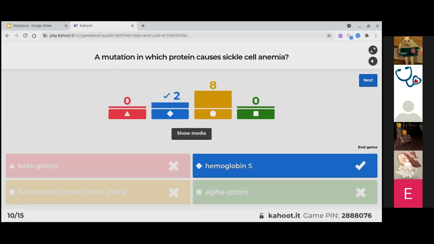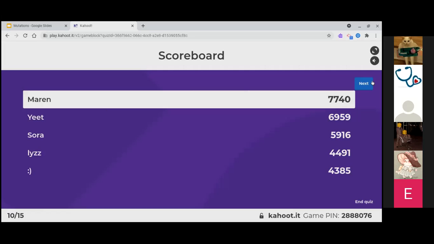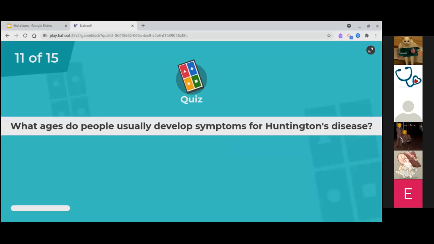So it's actually caused by hemoglobin S, and the hemoglobin subunit beta, I believe, is a subunit of the protein hemoglobin, but the specific type is called hemoglobin S. Okay, and then this is our leaderboard. Yeah, most people did get that one wrong, so don't feel bad if you got that wrong.